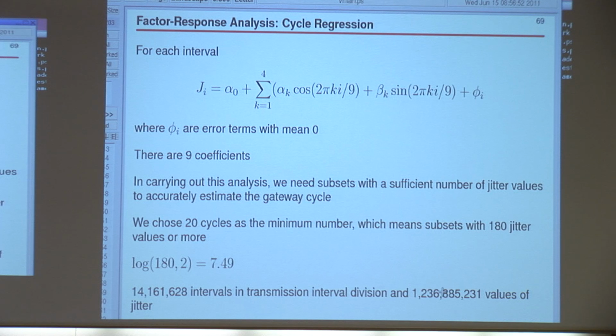When we started, we had 1.23 billion packets. With these intervals that have 180 or more, we're down to 885 million. So obviously, a large fraction of the packets, or the jitter values, are contained within the larger intervals.